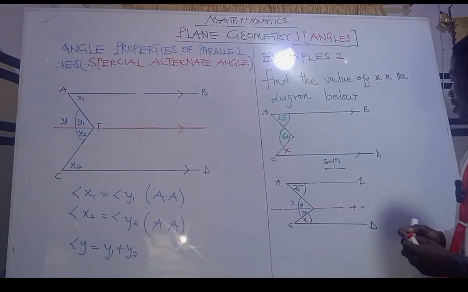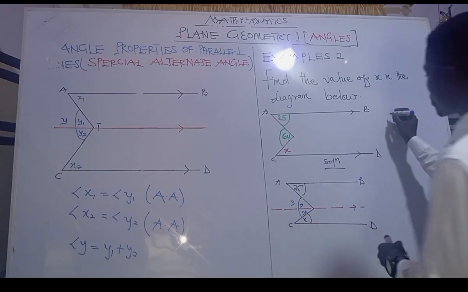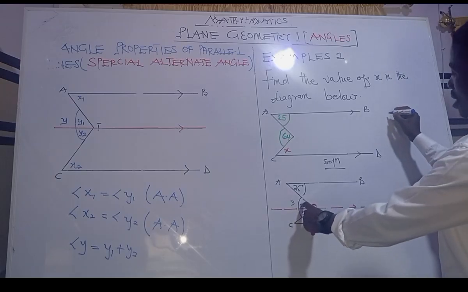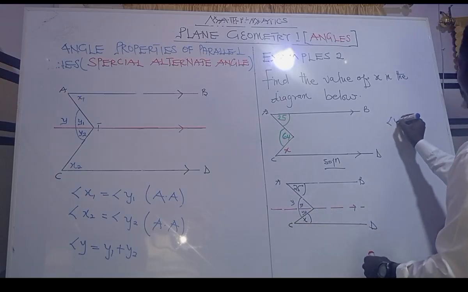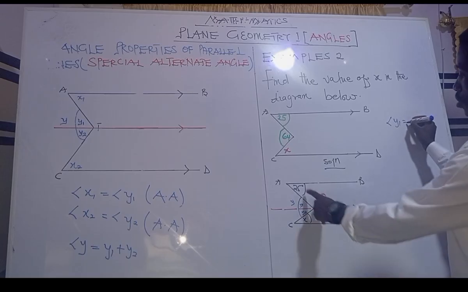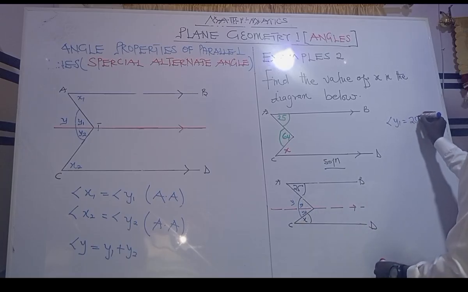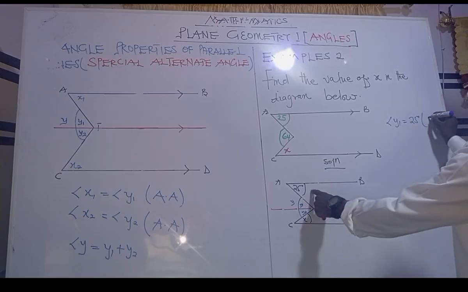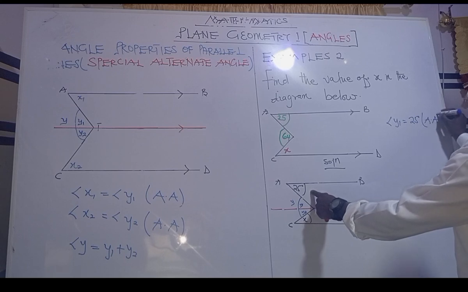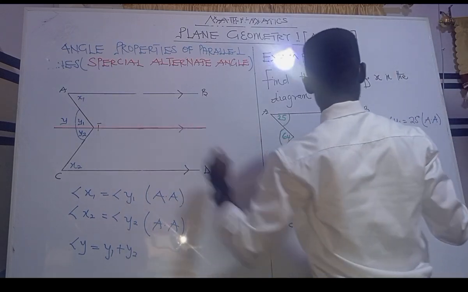Are you following? So we can say that angle y1 is equal to 25 degrees. And we are using what? Alternate angle, like the one that we did here.